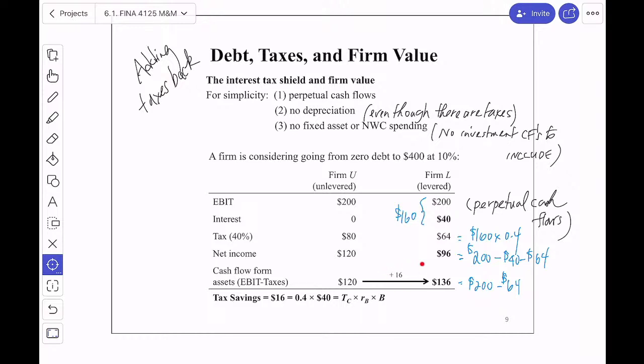What is the 16? The $16 are the tax savings.